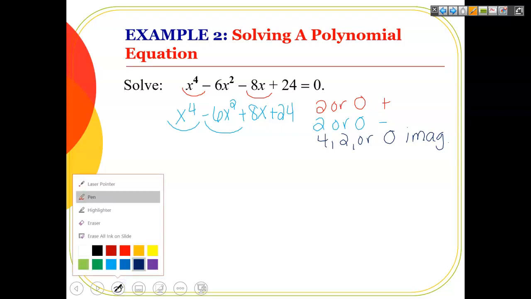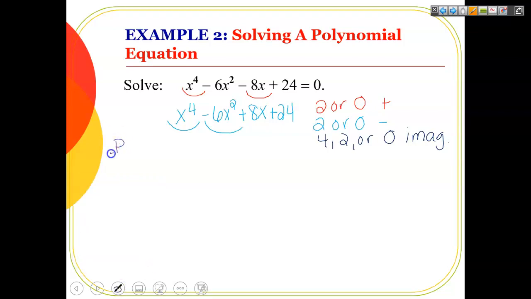The possible rationals would come from p divided by q. So that's 1, 2, 3, 4, 6, 8, 12, and 24. Looking at 1 quickly, 1's not going to work.